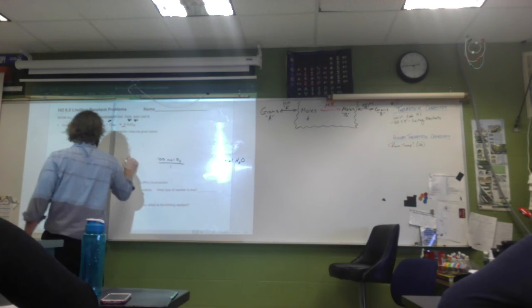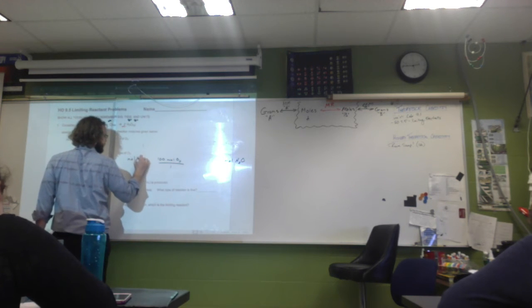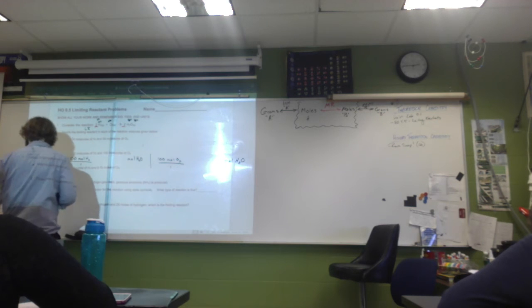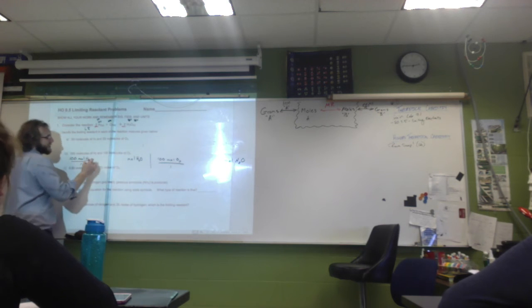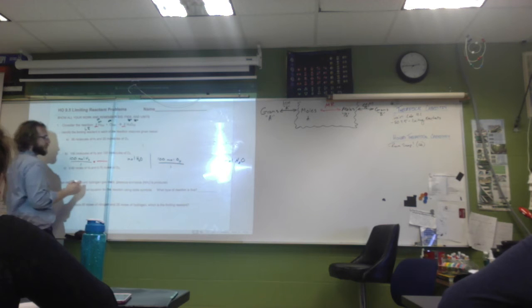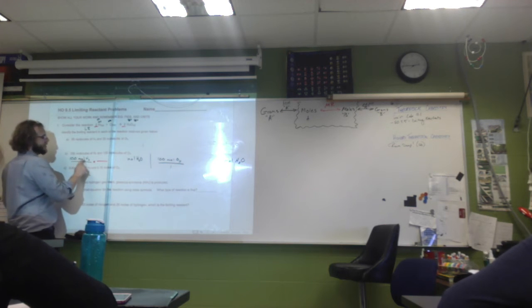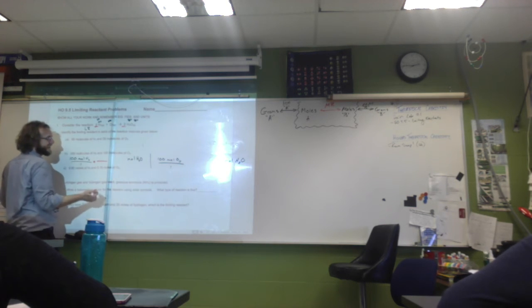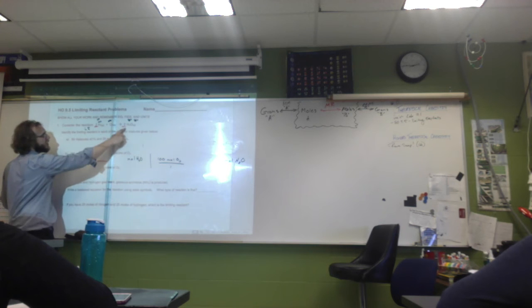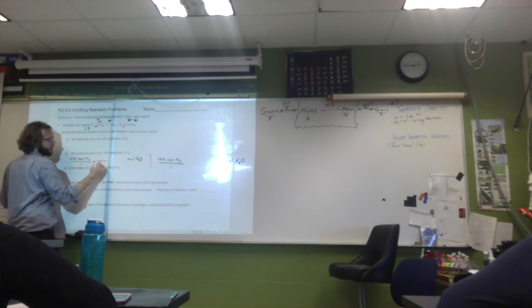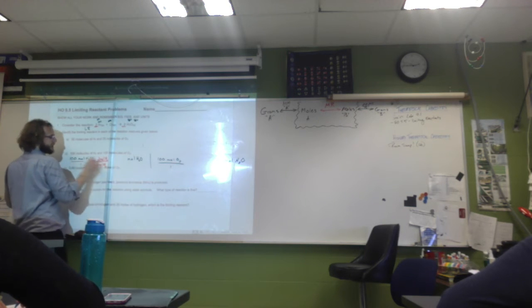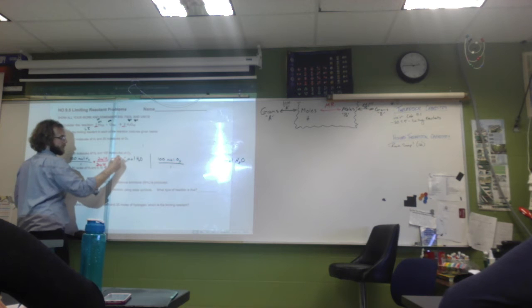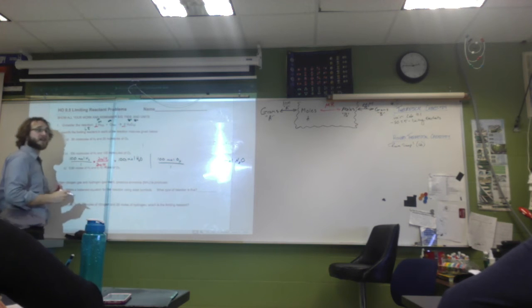How do you go from moles of one thing to moles of something else? Mole ratio. What is the mole ratio for hydrogen to water? 2 to 2. 2 divided by 2 is 1, times 100 is 100 moles.